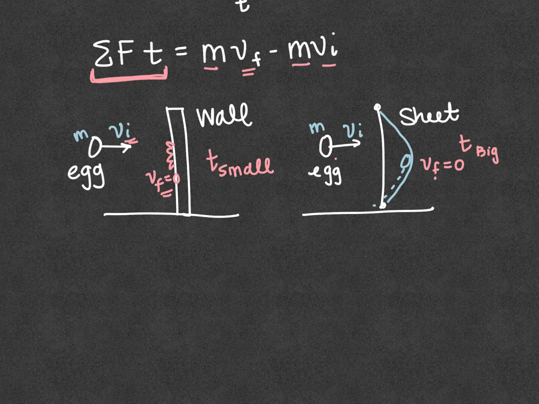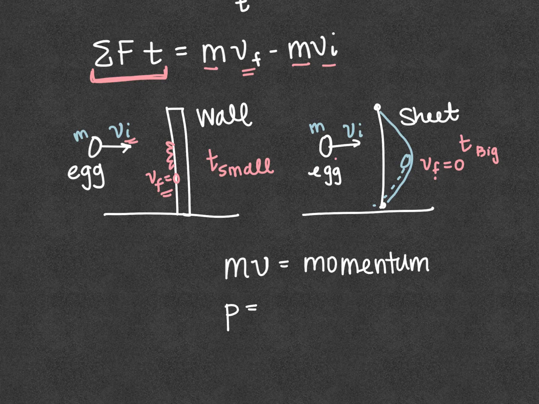So the quantity that we get when we multiply mass times velocity is called momentum. The symbol we use for momentum is a lowercase p. So p is equal to mv. I jokingly call this pomentum, just to remind myself that the symbol that we use is p.